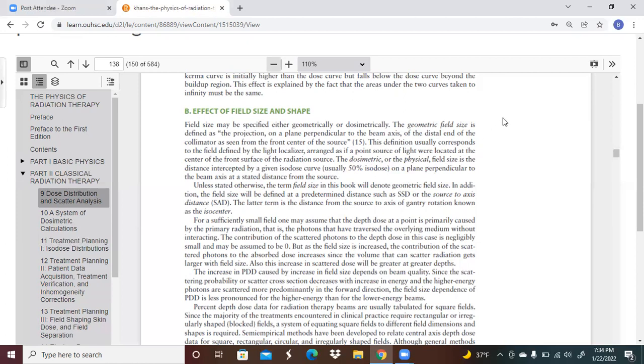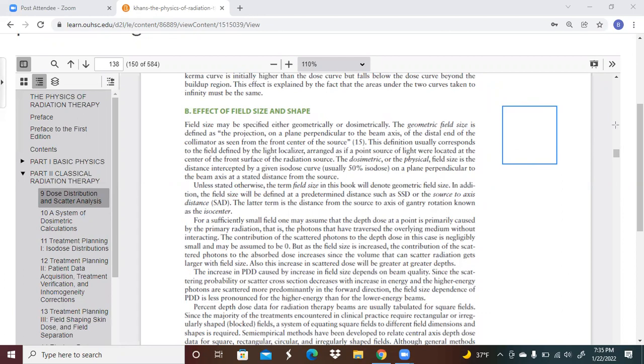So in other words, if you have a patient or a phantom here, and you've got your light field coming in here, the light field would sort of draw your borders here. That's going to be more of your geometric field size as you see it on the patient. It doesn't necessarily have to be at the surface of the patient, but that's how we'll think of it for right now.